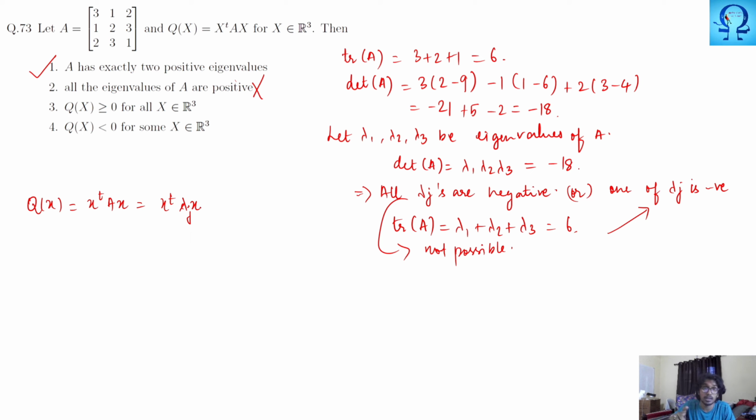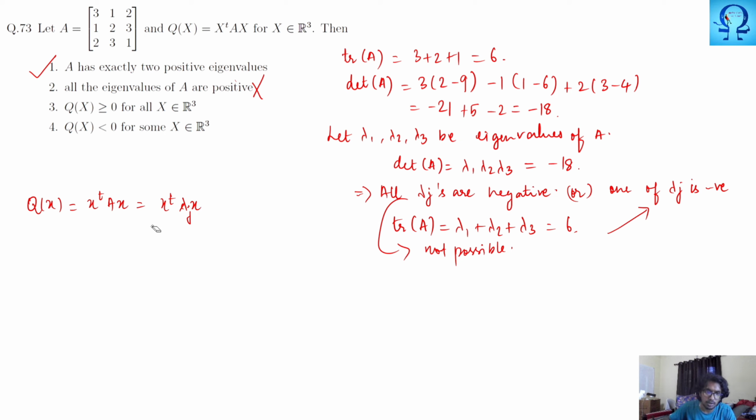Here, for any x in R3, option 3 claims that it is semi-positive definite, and option 4 claims that the quadratic form is negative for some x in R3.